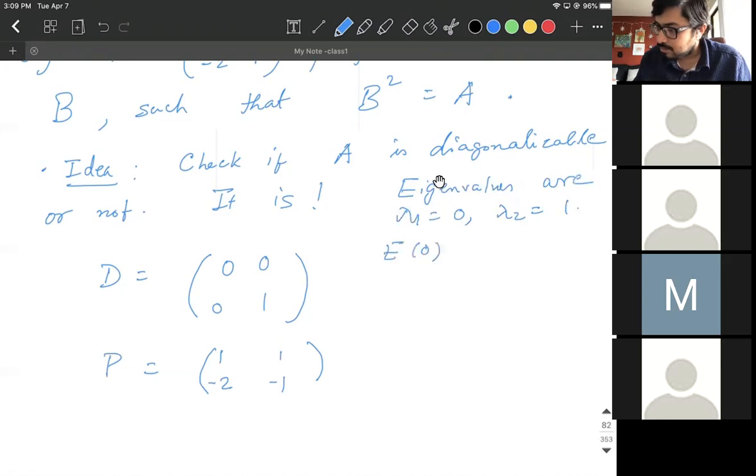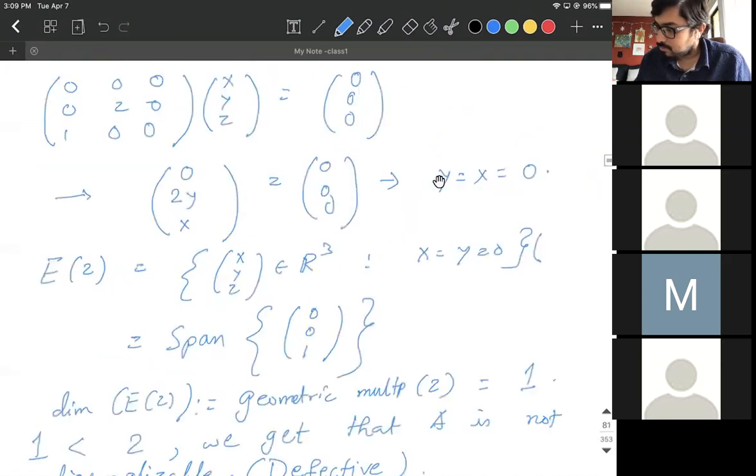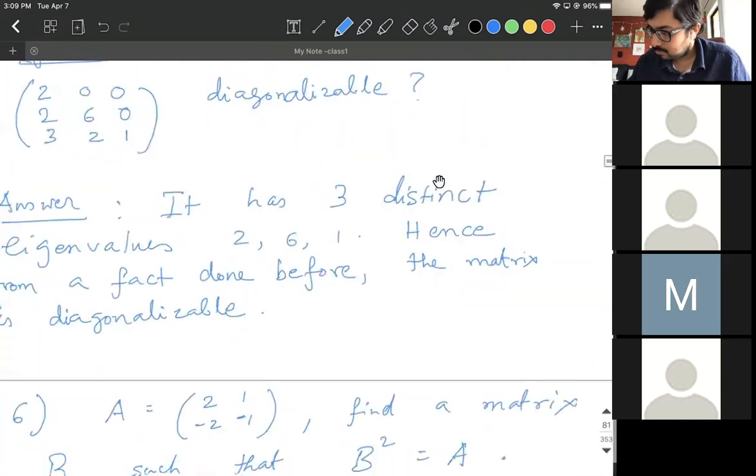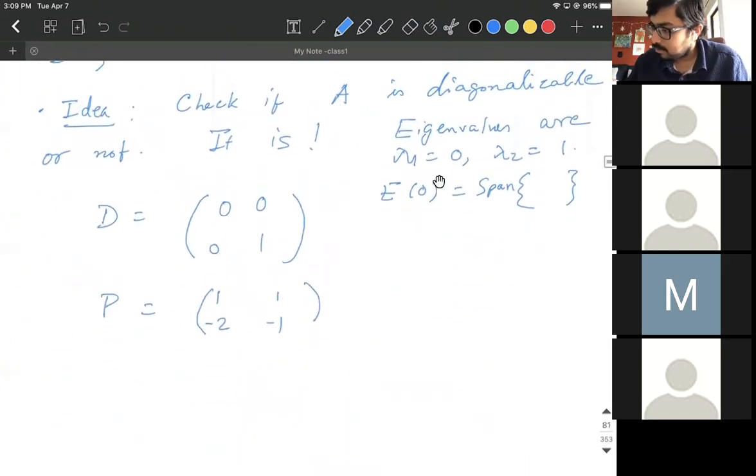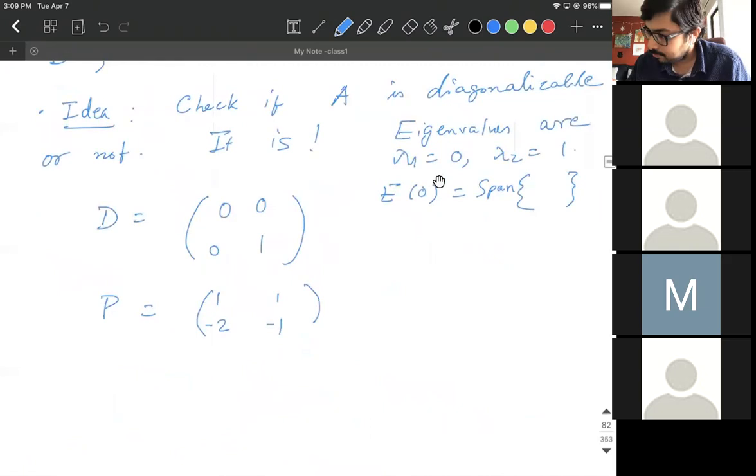Then E of 0, check that this is given by the span of 1 minus 2, and E of 1 is given by the span of 1 minus 1.